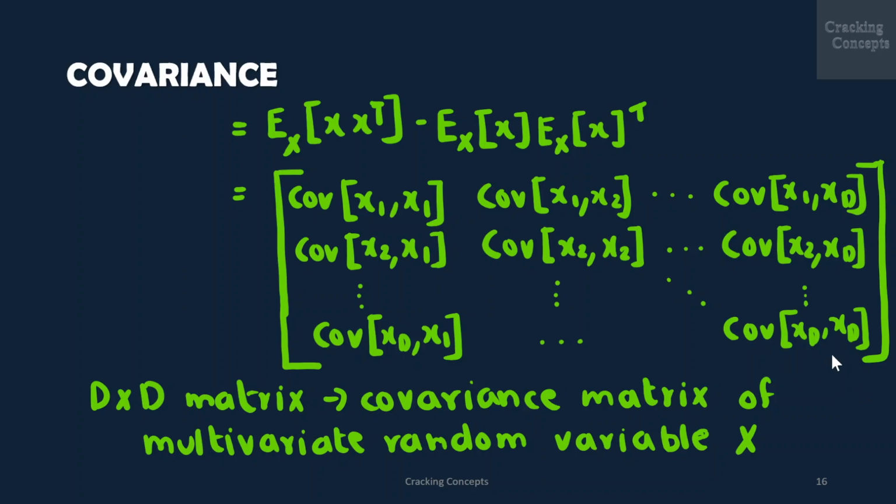This d by d matrix is the covariance matrix of the multivariate random variable x.